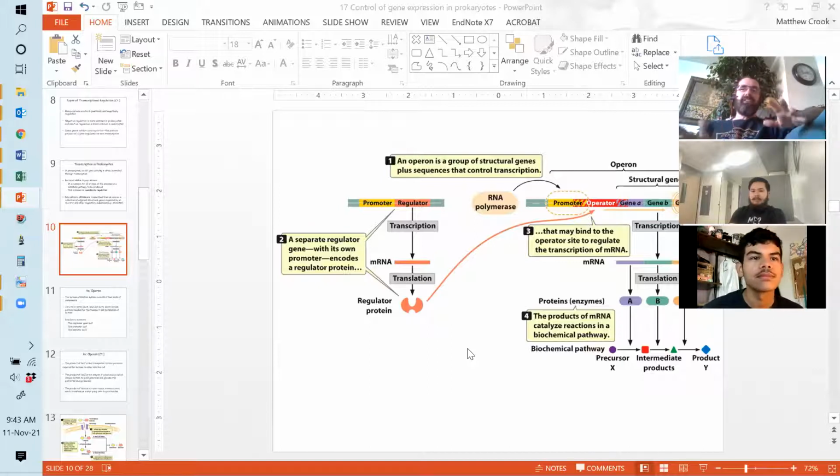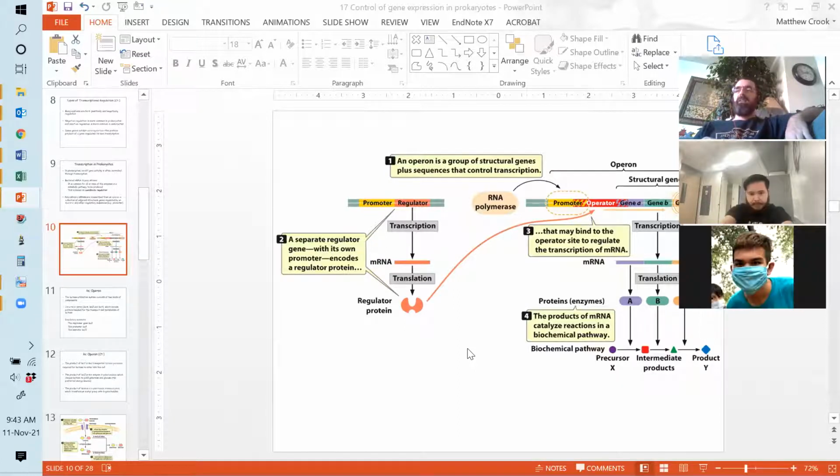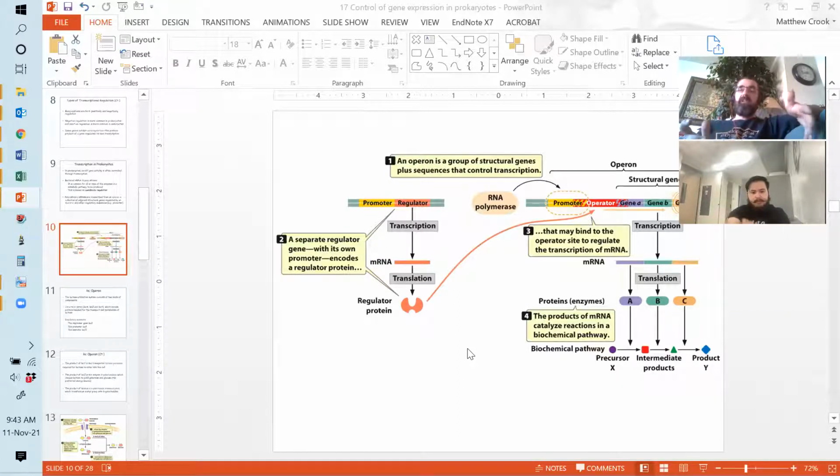So it's a similar kind of deal with bacteria. If they need something and they don't have it, they want to produce a lot of it really quickly. And to do so, if that something is produced by the proteins in an operon, they'll turn expression really high.